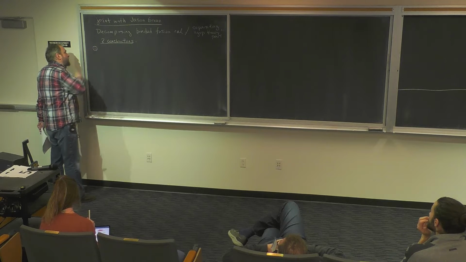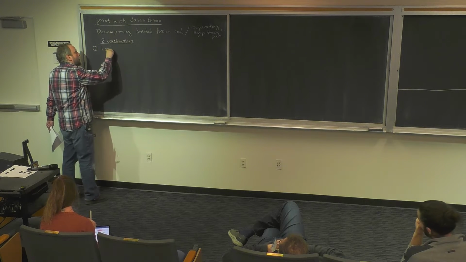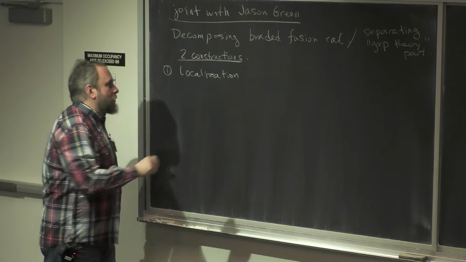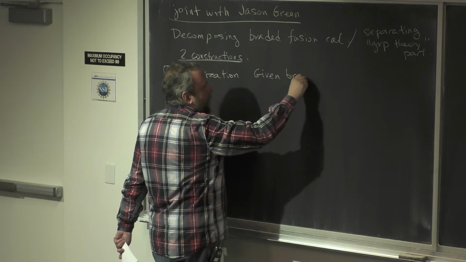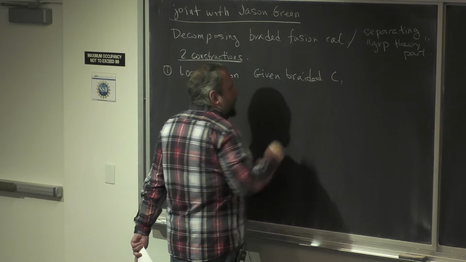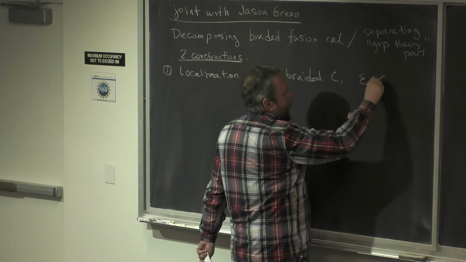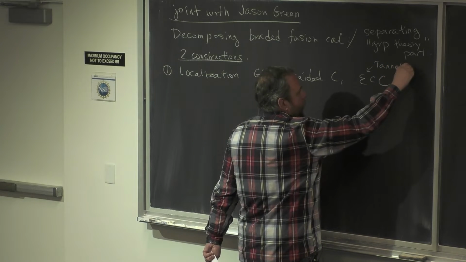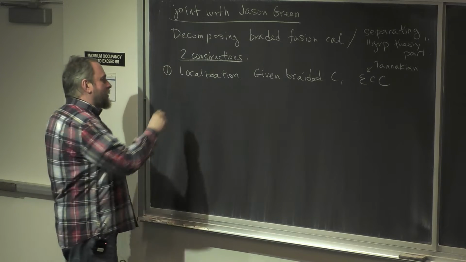The first construction is localization. So what is this? Given a braided category C, consider a Tannakian subcategory E inside C. And let's consider E prime.